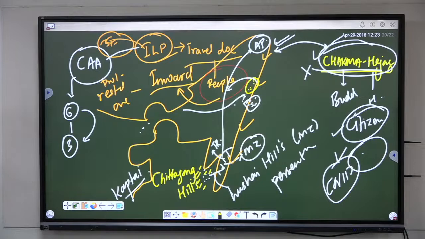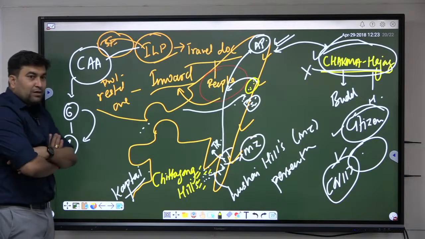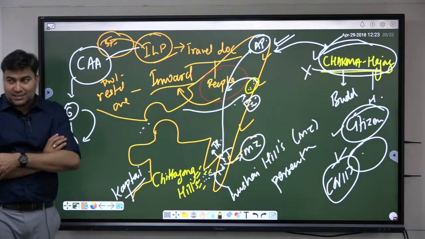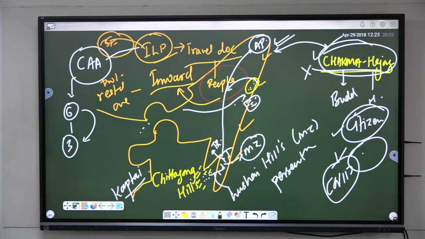That is former East Pakistan, guys. But they had to migrate when the land was submerged. By whom? Guys? By the Kaptai Dam project in the 1960s.